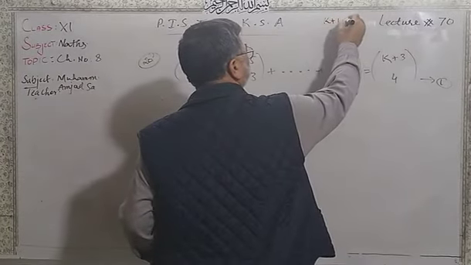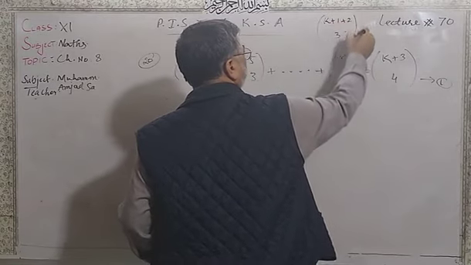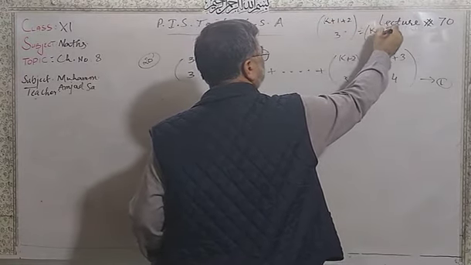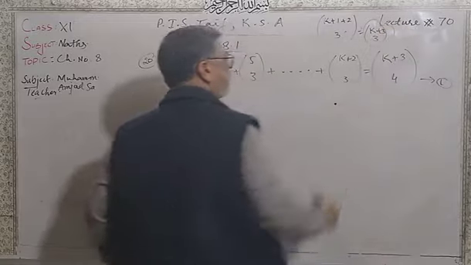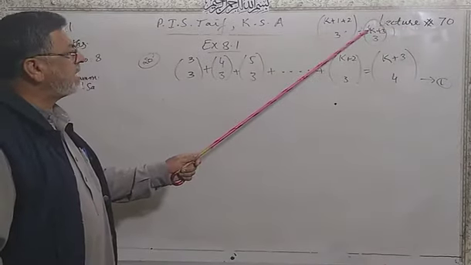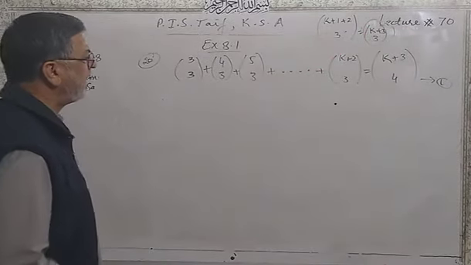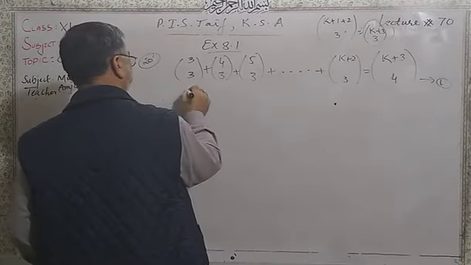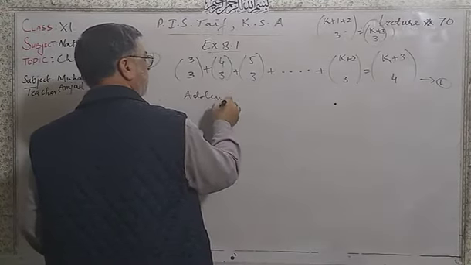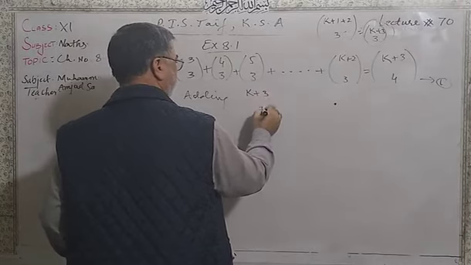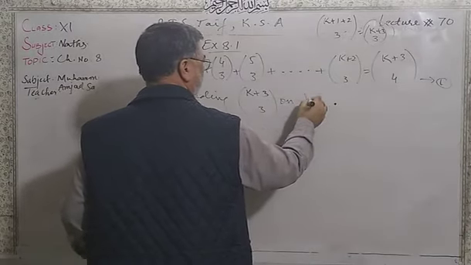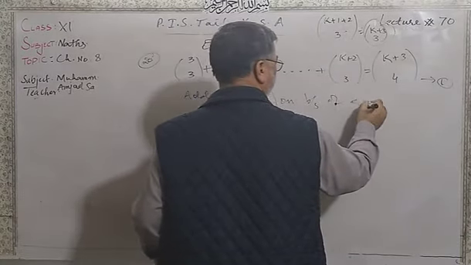Here is (k plus 1 plus 2)C3, that is (k plus 3)C3. Adding (k plus 3)C3 on both sides of equation 1.